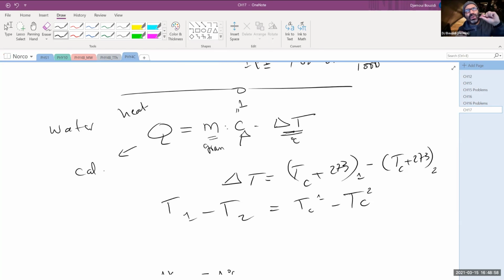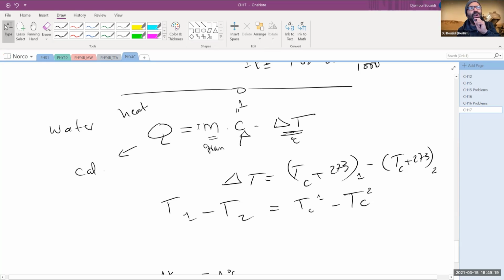But if I apply that 1 calorie to the same amount of iron, in this case 1 gram, the thermometer reading will skyrocket, giving me a very high temperature.